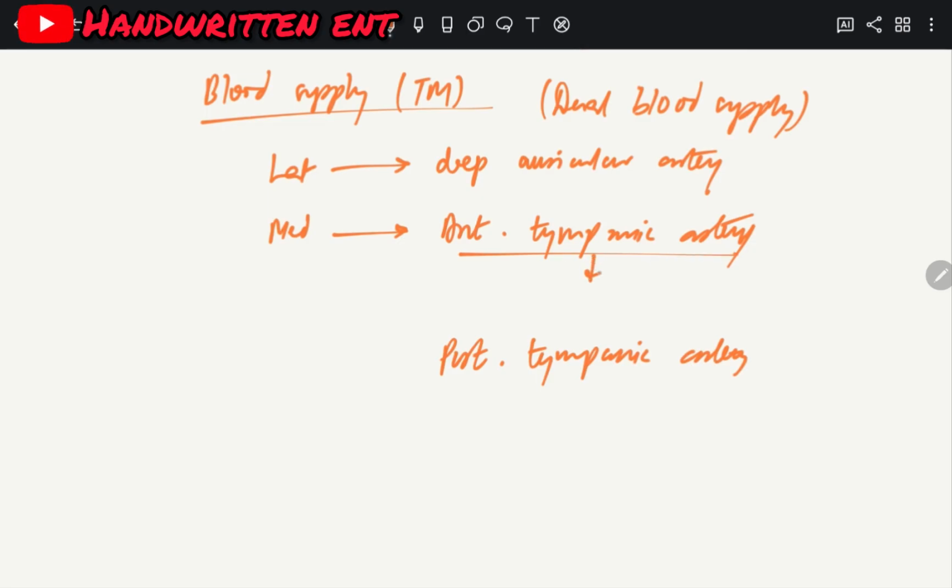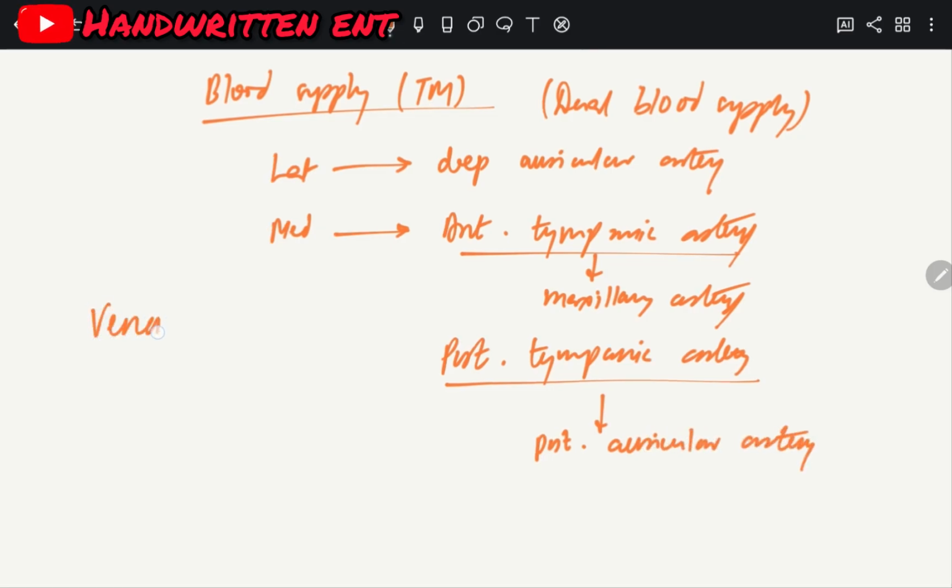The anterior tympanic artery is a branch of maxillary artery, while the posterior tympanic artery is a branch of posterior auricular artery. Next is the venous drainage.